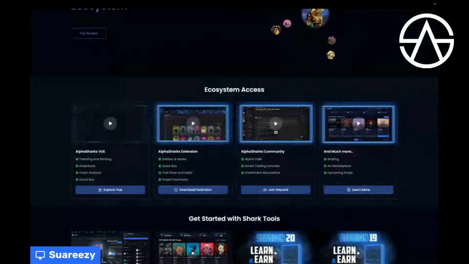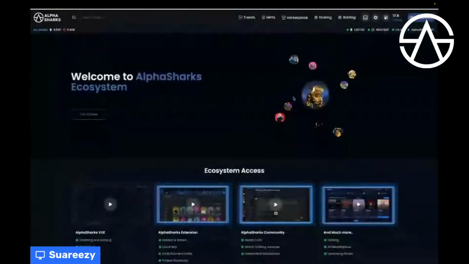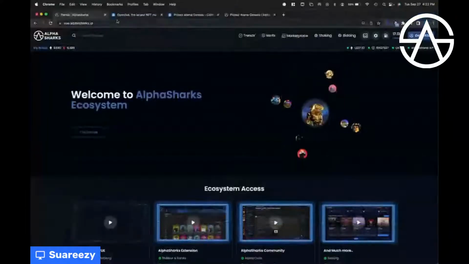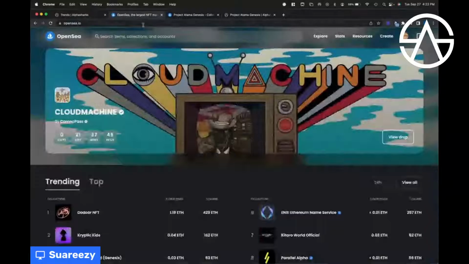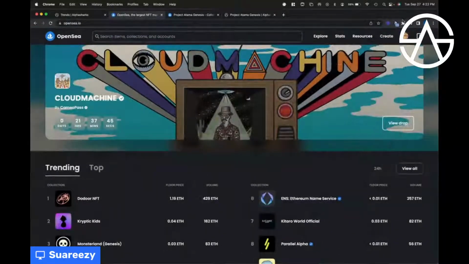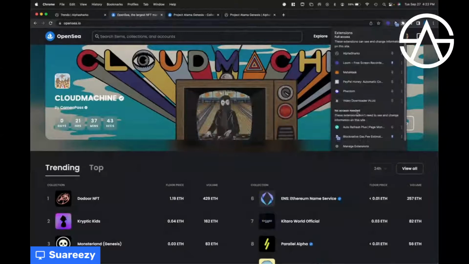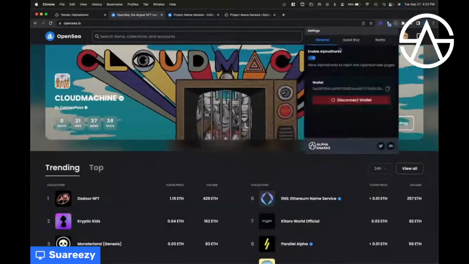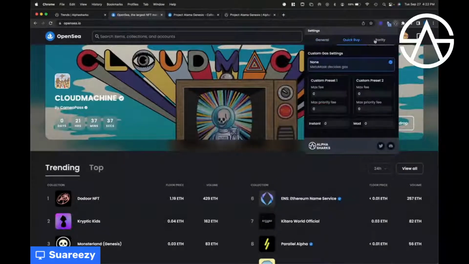And the second link that MG sent is going to be the Chrome link that you can click and directly download the extension, which would then take you to OpenSea at this point. Once you get that extension downloaded, you should have AlphaSharks popped up, and you should be able to pop up your wallet.